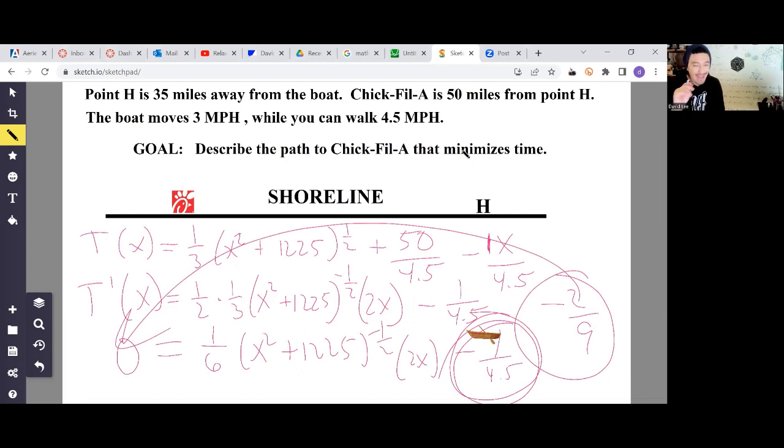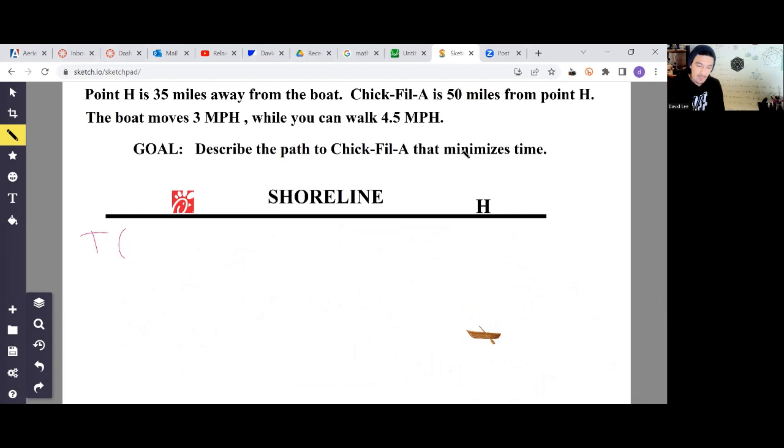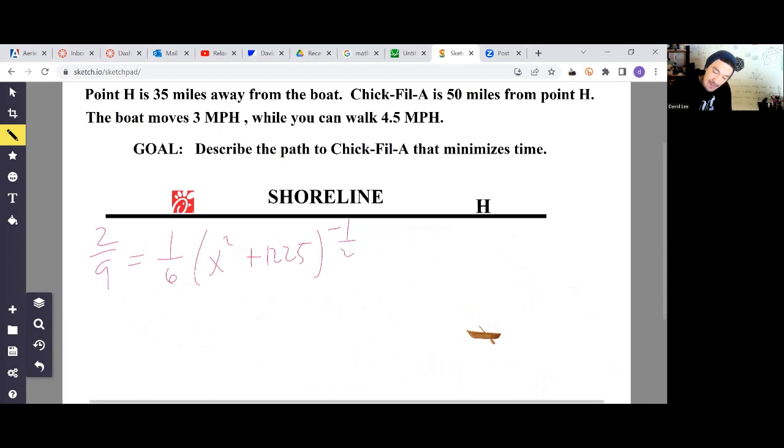So that gives us positive 2/9 equals all of this there. So let's get all of this out of the way. So we have positive 2/9. Almost there. We're almost done, folks. So we have positive 2/9 equals 1/6 times (x squared plus 1225) to the negative 1/2 times 2x.